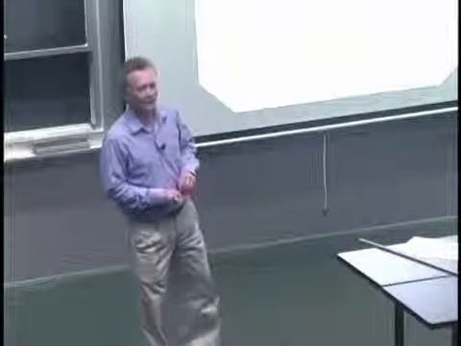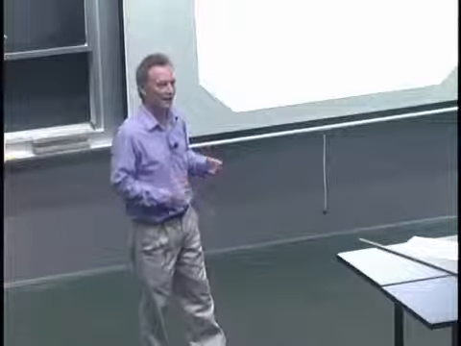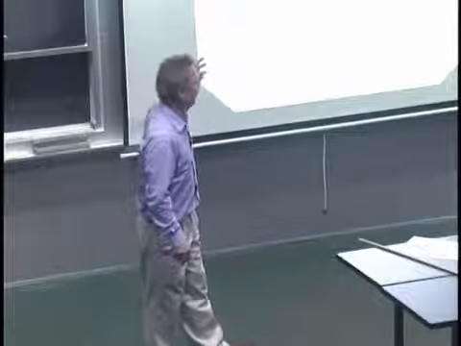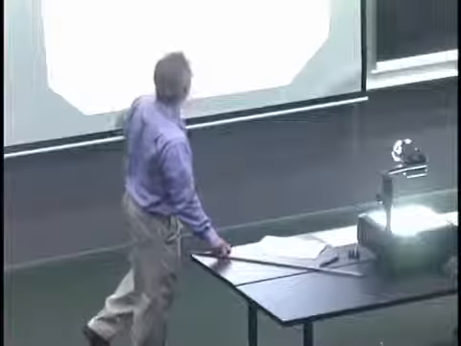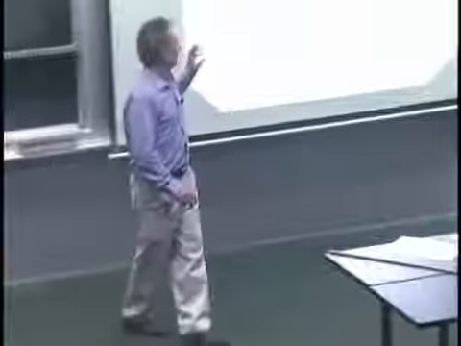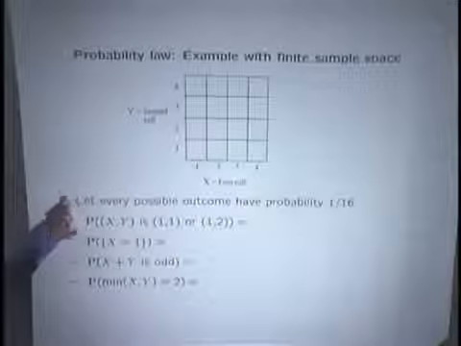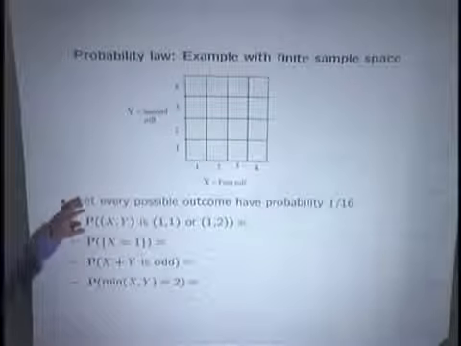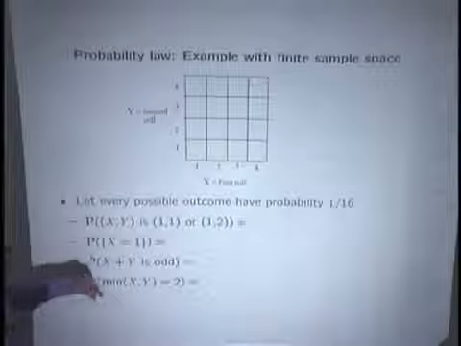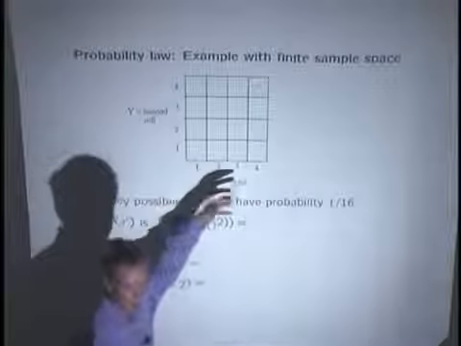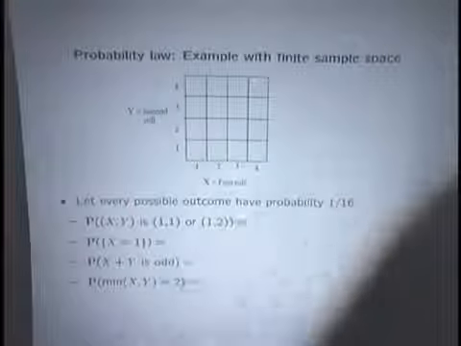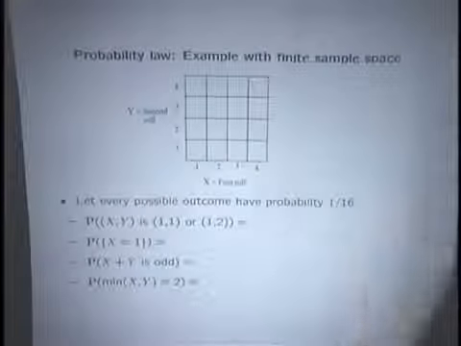Well, empirically, if you have well-manufactured dice, they tend to behave that way. We'll be coming back to this kind of story later in this class, but I'm not saying that this is the only probability law that there can be. You might have weird dice in which certain outcomes are more likely than others. But to keep things simple, let's take every outcome to have the same probability of 1/16.